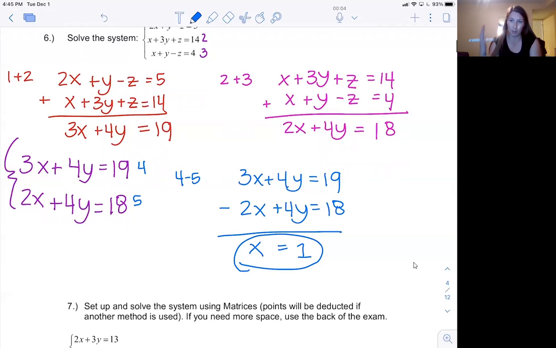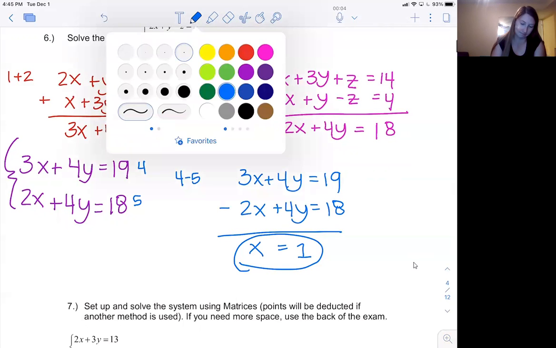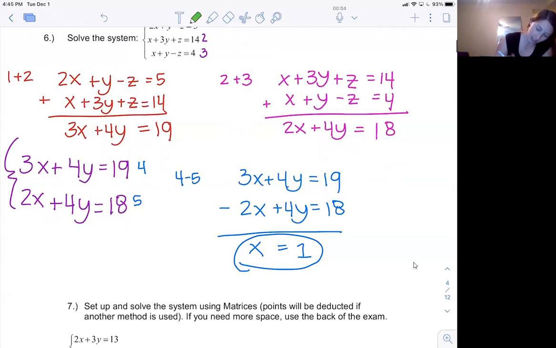Now I need to find my y and my z. So to find my y, I'm just going to plug it into one of these. It doesn't matter which one. I'm just going to take the first one. So I have 3, and my x is 1, plus 4y equals 19.